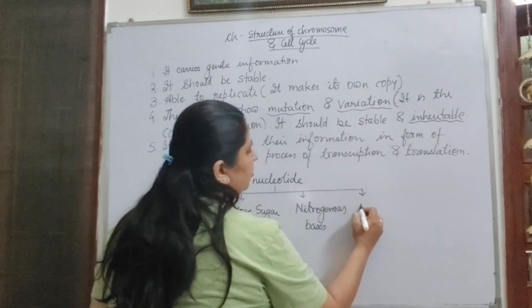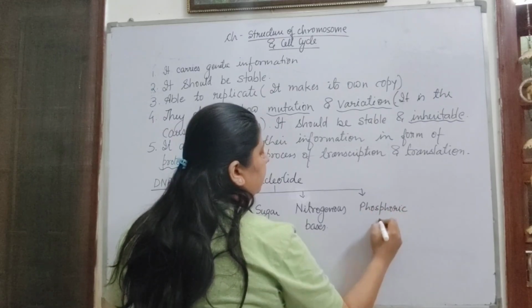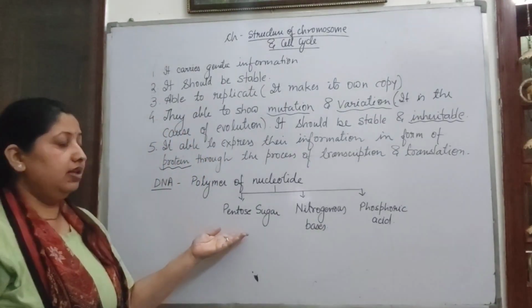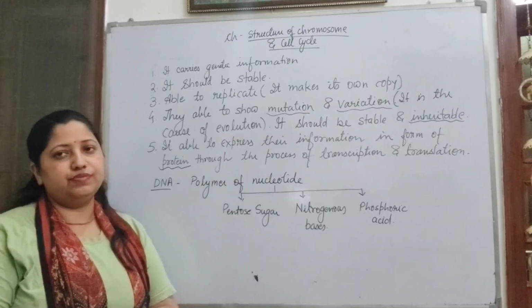And the third one is phosphoric acid. So there are 3 things in the nucleotide: pentose sugar, nitrogenous base and phosphoric acid.